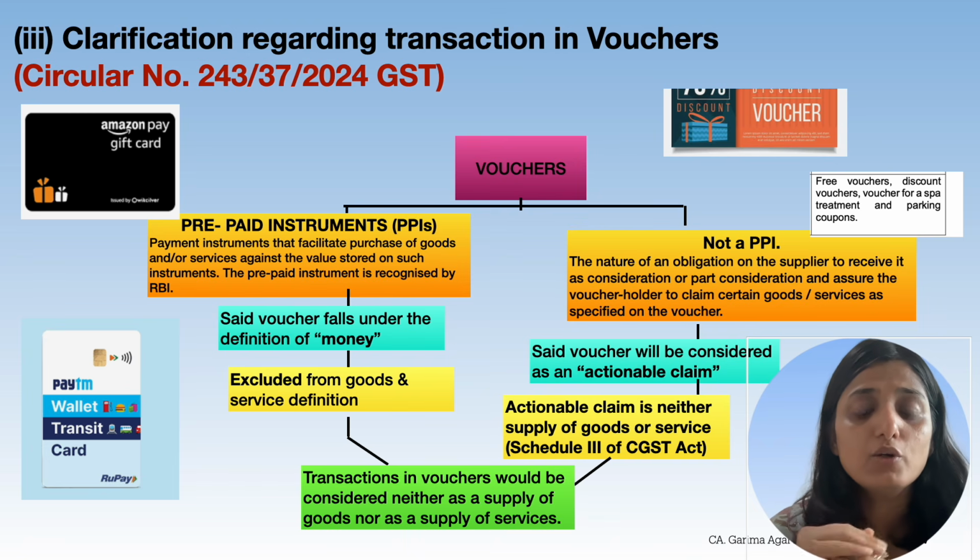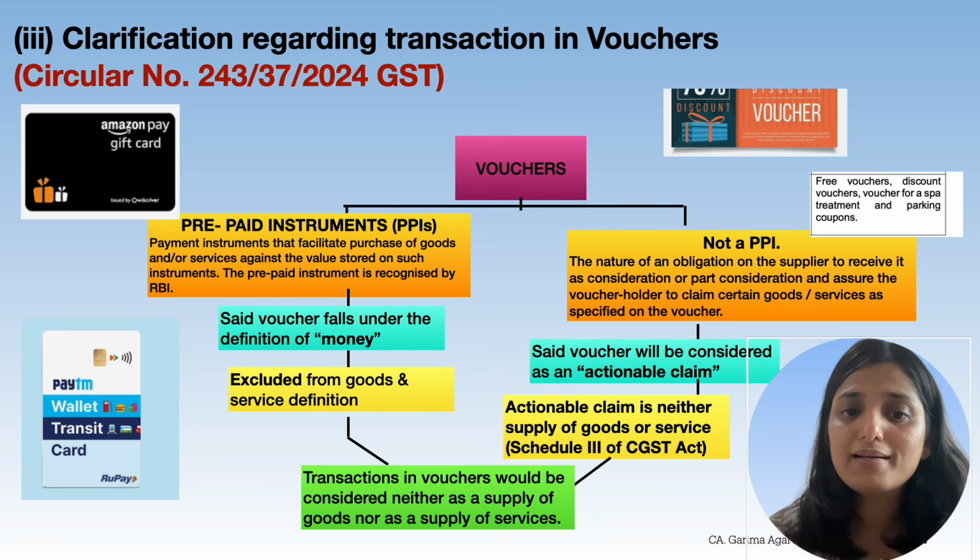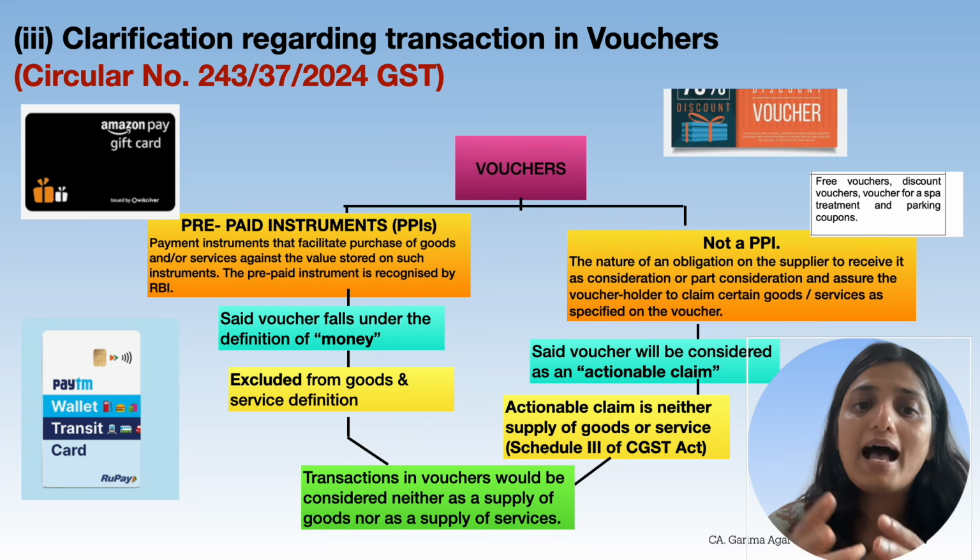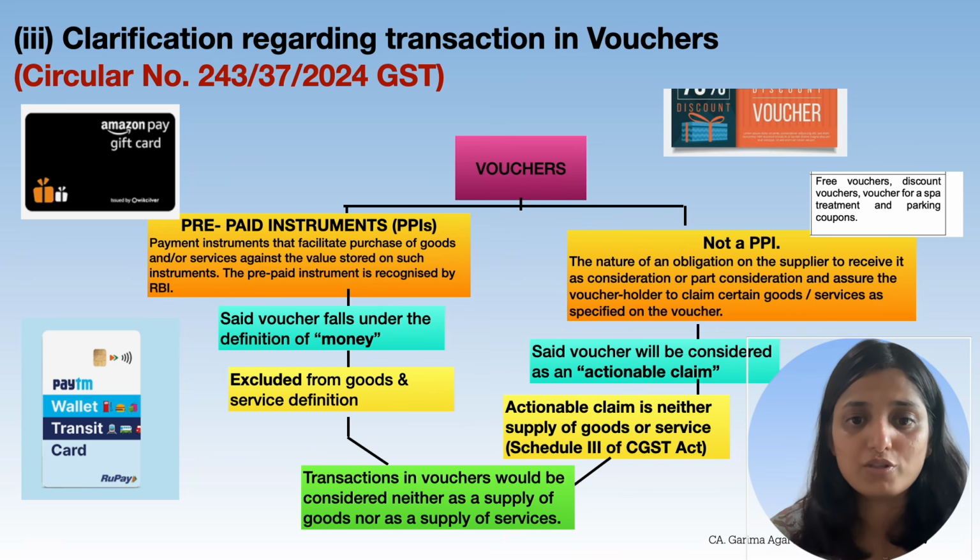Now, what are not a PPI? That means a special type of voucher. So it is very specific in nature. That means the nature of the obligation of the suppliers to receive it as consideration or part consideration. That means a discount voucher can also come under this ambit, and assure the voucher holder to claim certain goods or services as specified in that voucher.